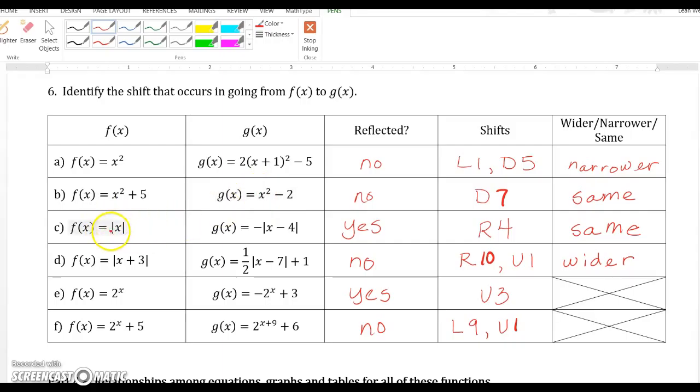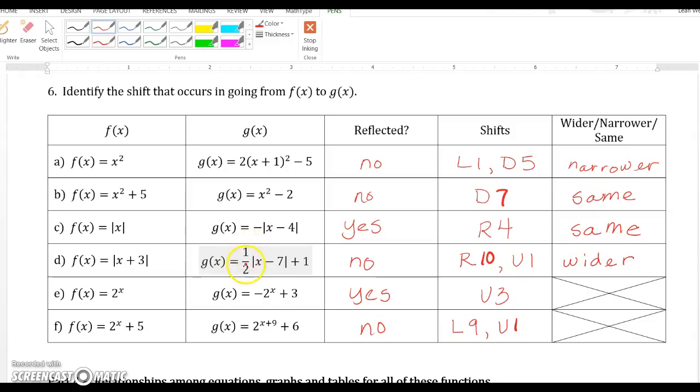This technically is a coefficient of negative 1, so the negative makes it reflect, but as far as being wider, narrower, or the same, it's the same. So you're looking at the absolute value. Absolute value of positive 1 is 1. The absolute value of negative 1 is also 1. So besides this being negative, they both have a coefficient of 1. On this one, the coefficient here is a 1, the coefficient here is a 1/2.